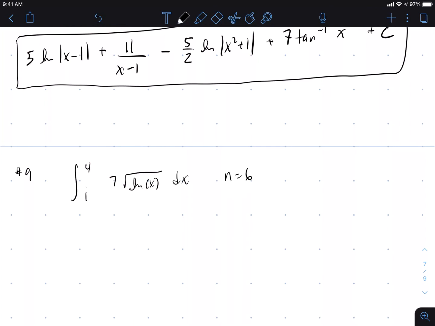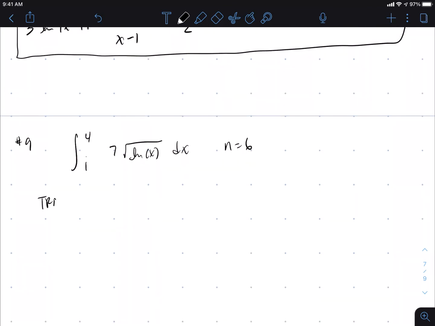I want the 3 approximations for this, right? So I'm going to want trapezoid. And with the trapezoidal rule, we need to be able to find our delta x first, right? So what is the delta x in this problem? 4 minus 1 over 6. Oh, 4 minus 1 over 6, perfect. Which will give me 1/2, correct? Correct.